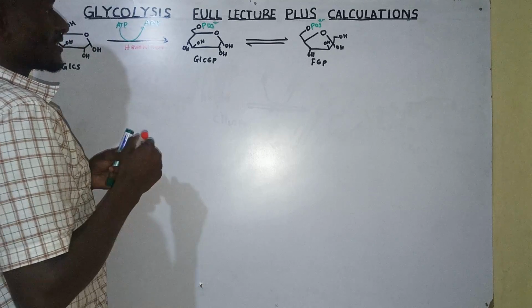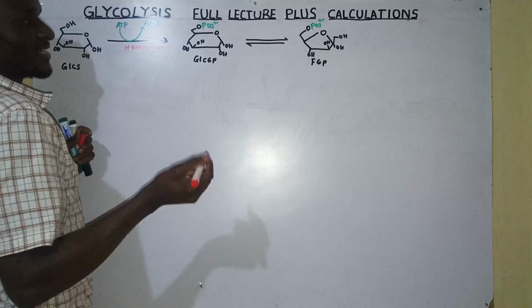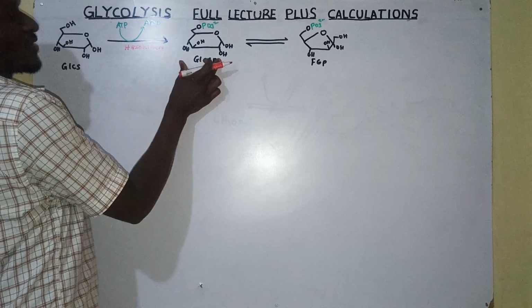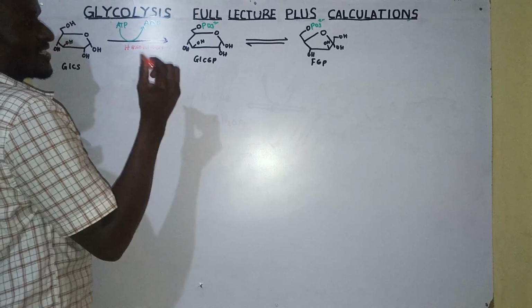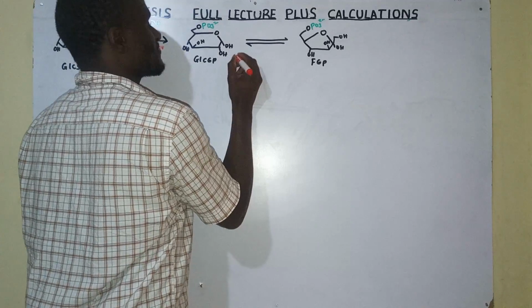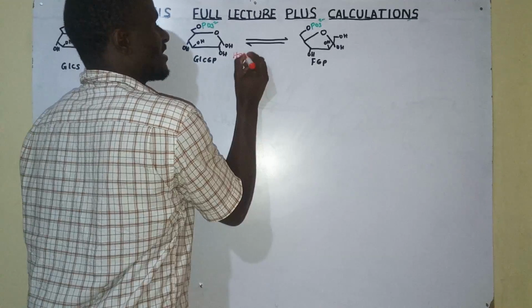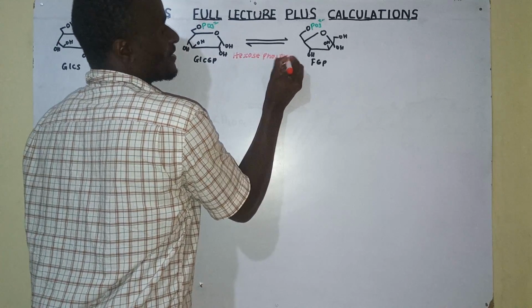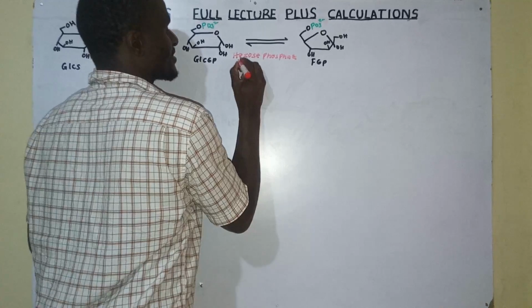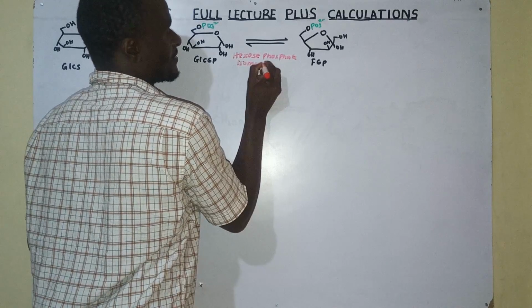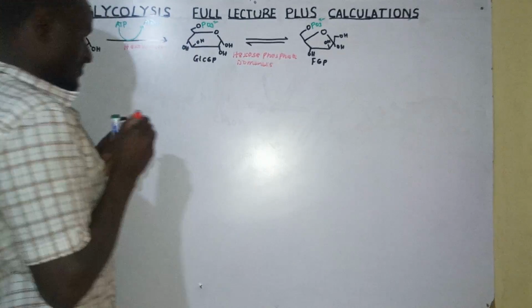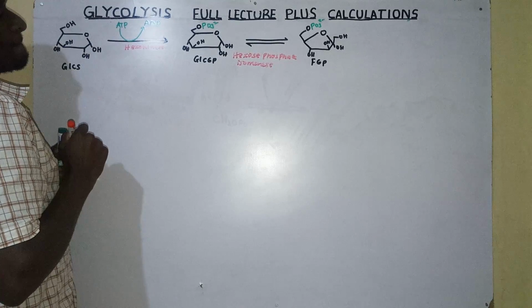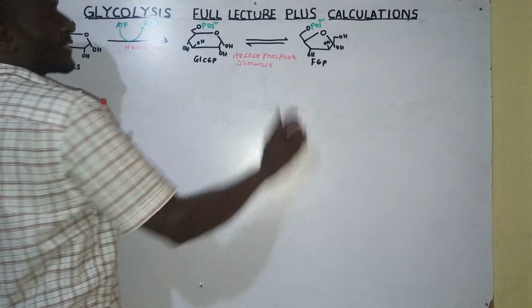So this process is called isomerization, and since it is working on glucose 6-phosphate, it is a hexose phosphate isomerase. Our enzyme is hexose phosphate isomerase. That is the name of our enzyme. And so the two of them are isomers.